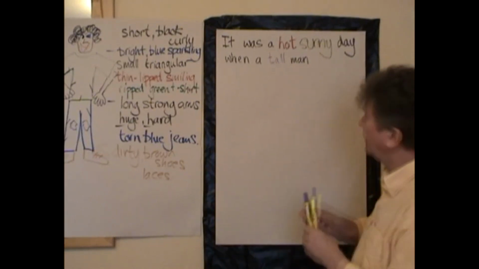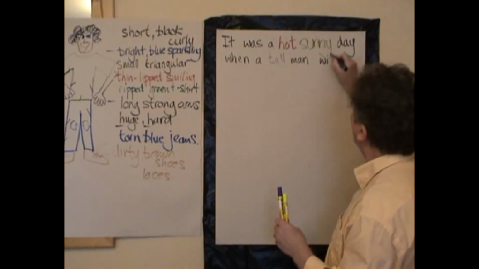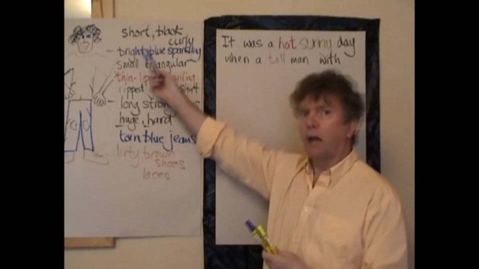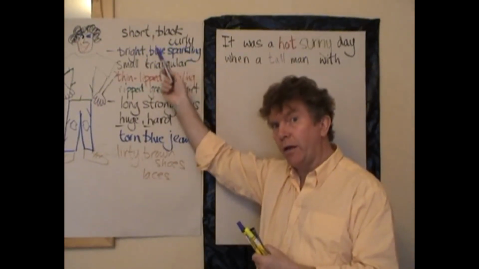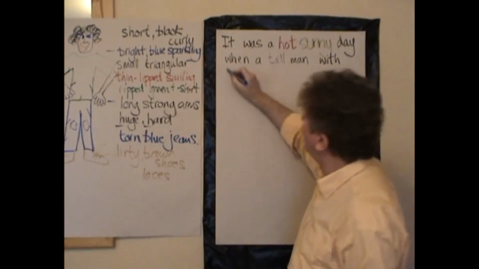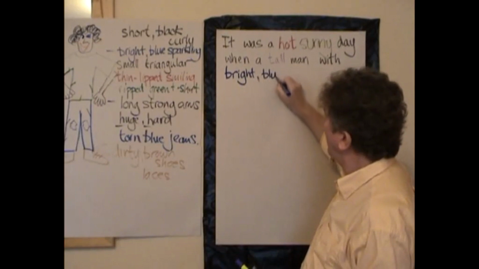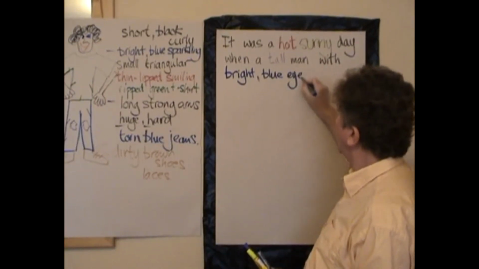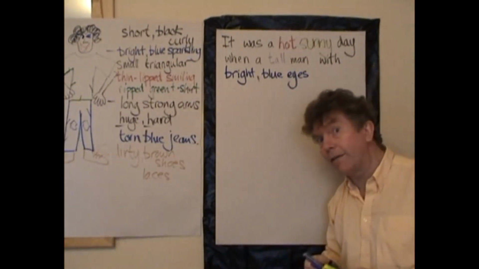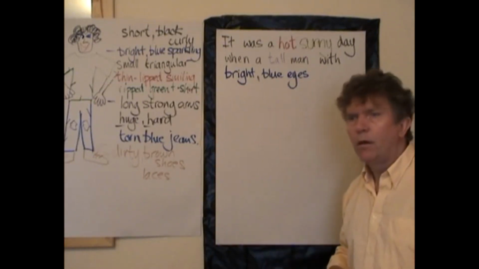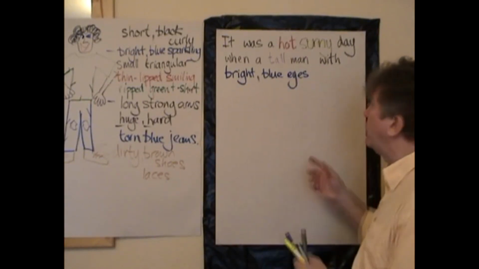And I'm going to put them both in blue because you're using this as an inquiry skill, with bright blue eyes. What was he doing? Going back to the 5 questions. What was he doing? Well, where was he? He was by a river.